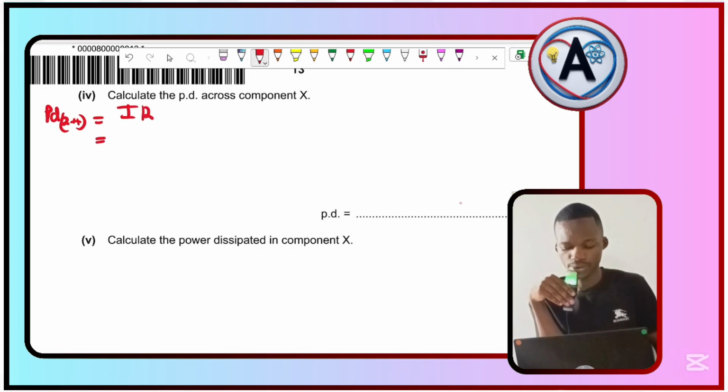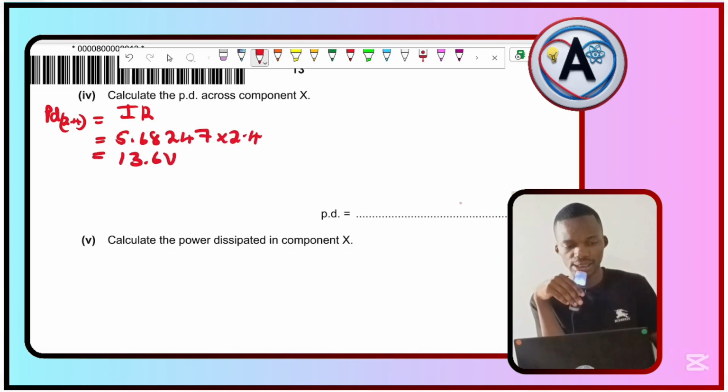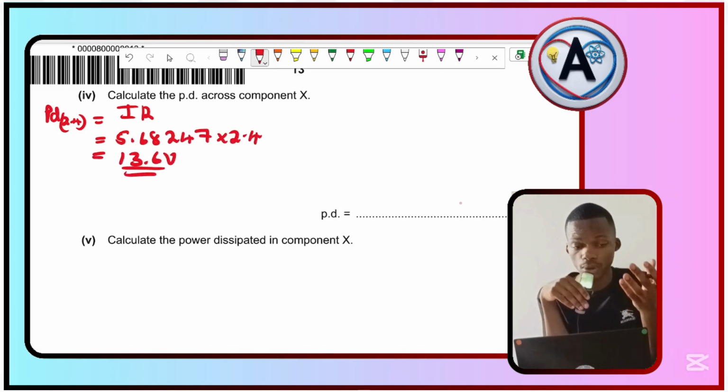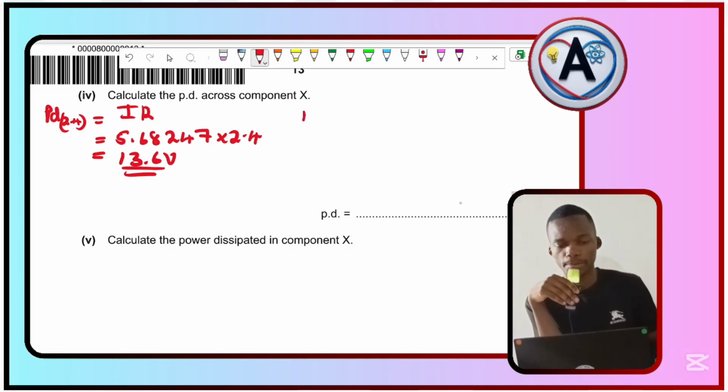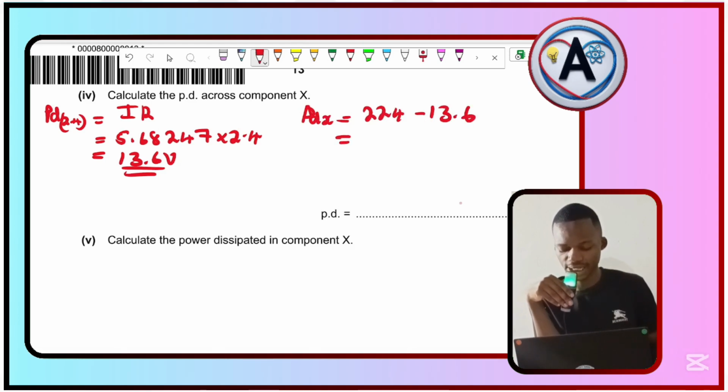So that's going to be 5 point... guys, I love electricity, right? Electricity, you just need to follow the circuits and you should be able to get a correct answer. So this is going to give me 13.6 volts. That's what the 2.4 resistor is getting. So the PD that X is going to get is just going to be equal to 224 minus 13.6. As simple as that. So we get about 210.38. That's going to be 210 overall.